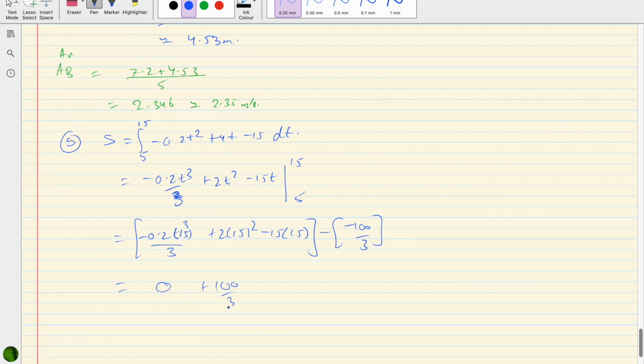Minus negative 100 by 3 gives plus 100 by 3, which is approximately equal to 33.3 recurring.